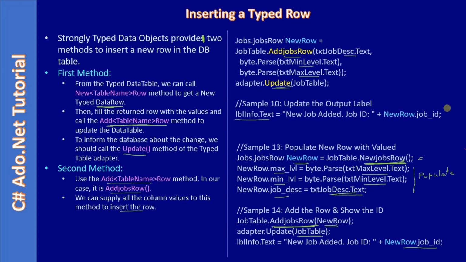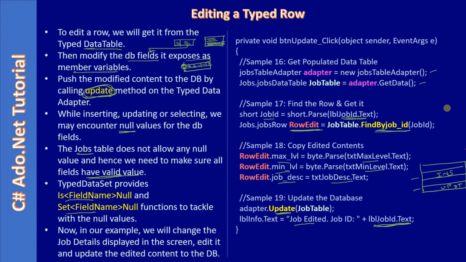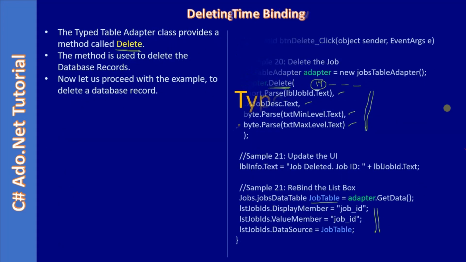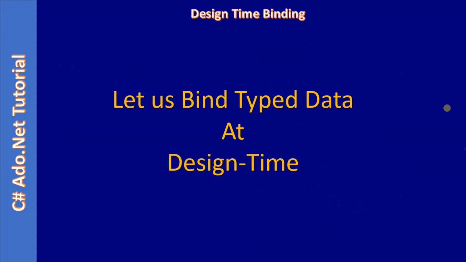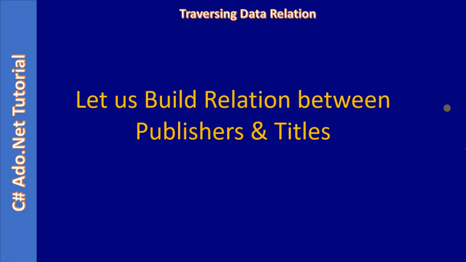After that we started into the DML operation, like inserting a typed row, editing a typed row, deleting a typed row. Then we saw how to do a static binding, listen time binding. After that we saw how to traverse the data relation in terms of typed data objects.